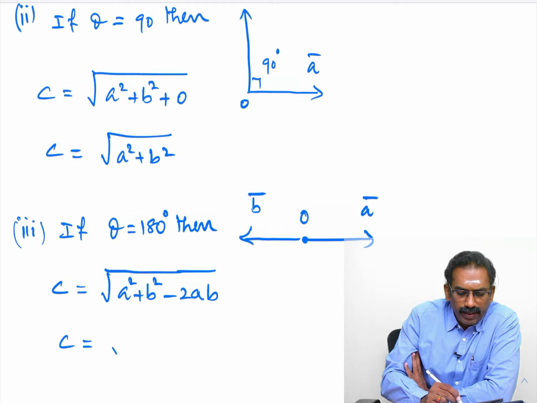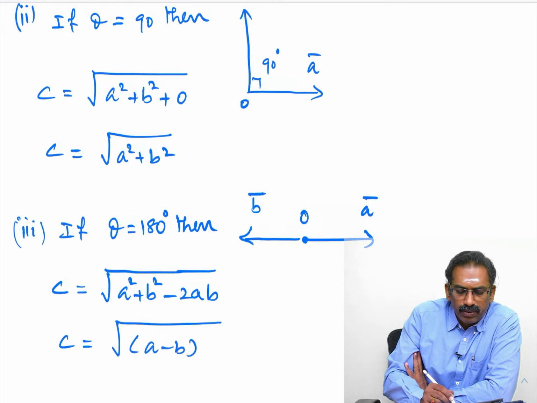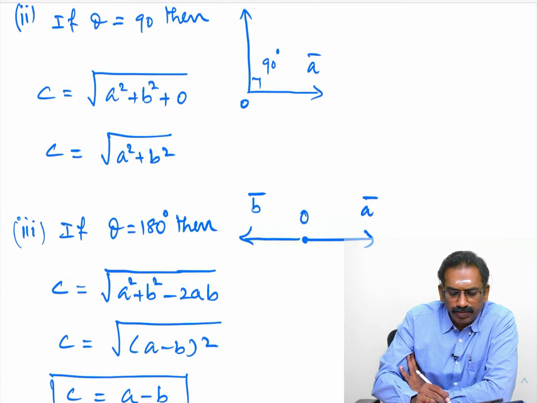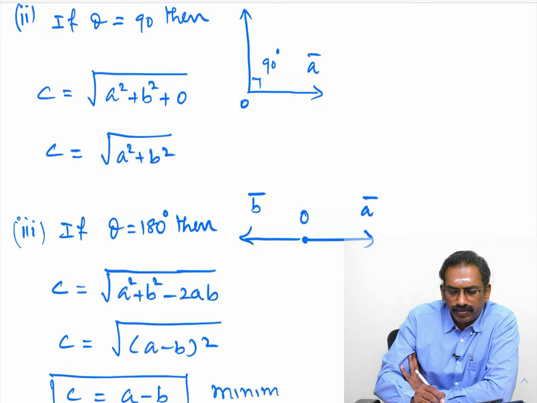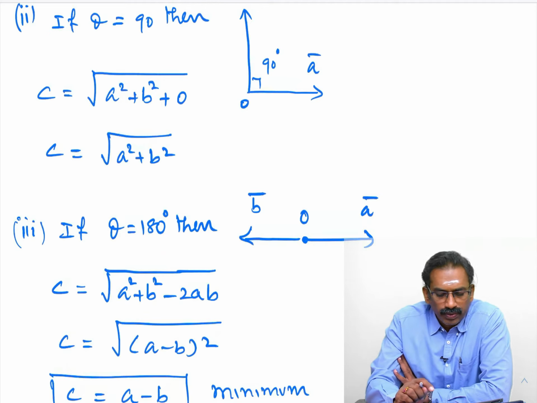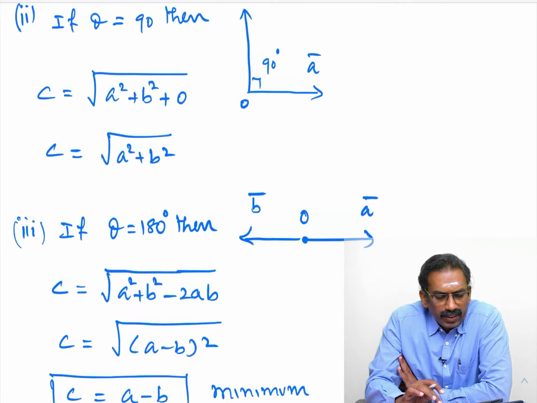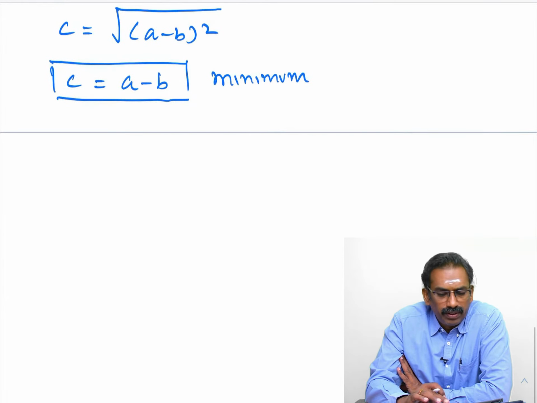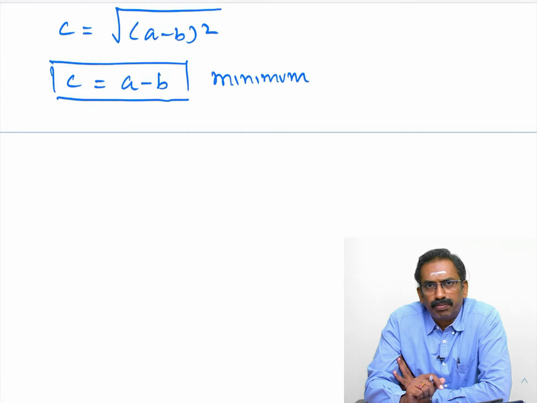C can be written as square root of A minus B the whole square. C is equal to A minus B. This is the minimum magnitude of the 2 vectors. If 2 vectors act at a point, then the magnitude may be in between A minus B and A plus B, any value it can be.